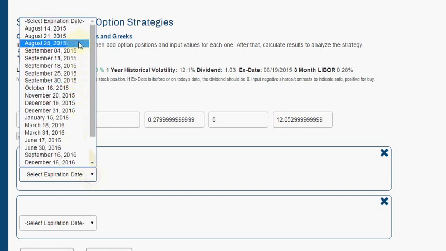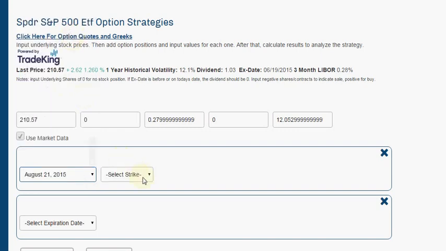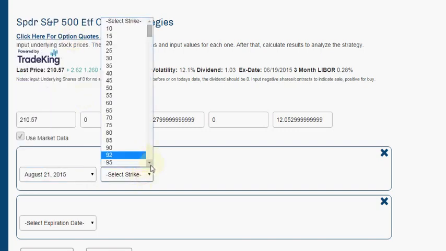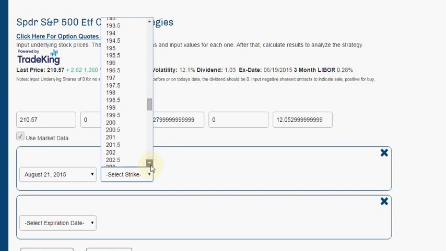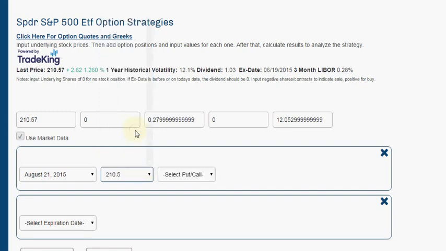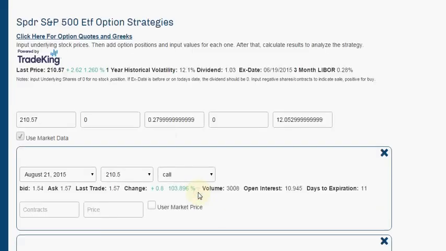So let's sell, because we're going to sell a near-term option, as close to at the money as we can get, 210.